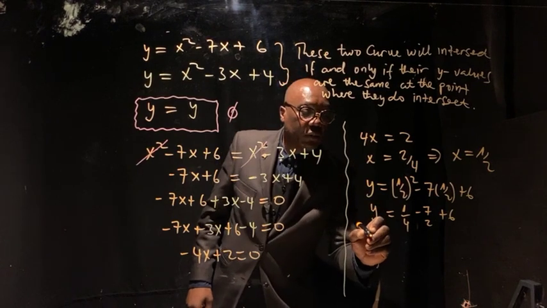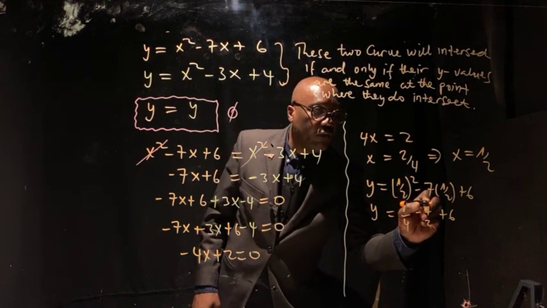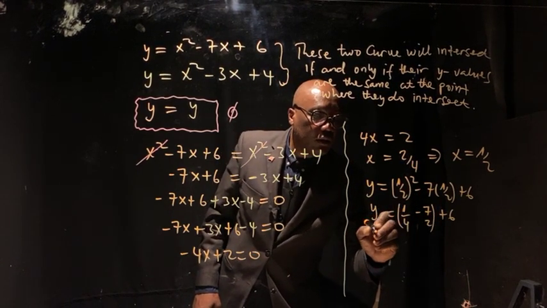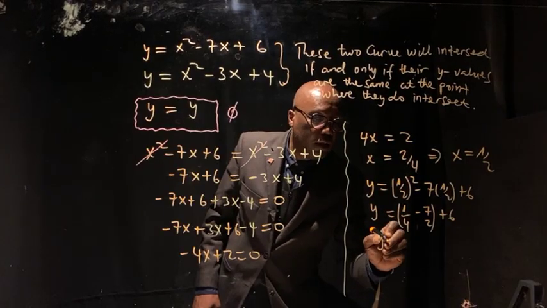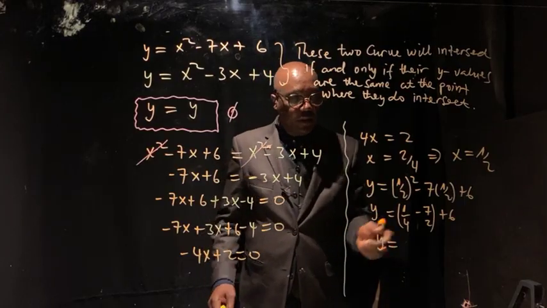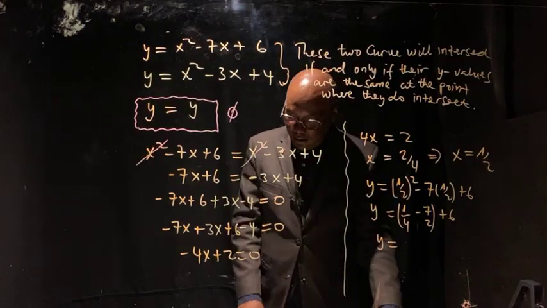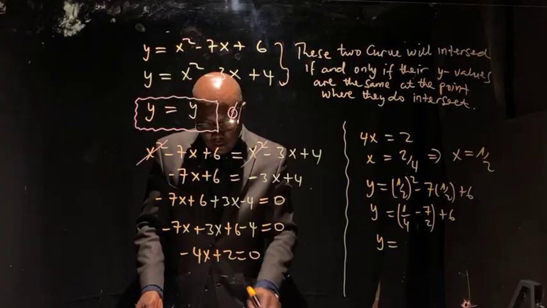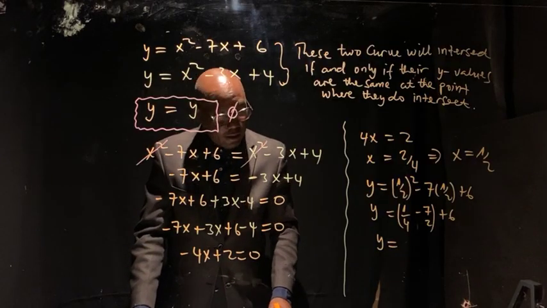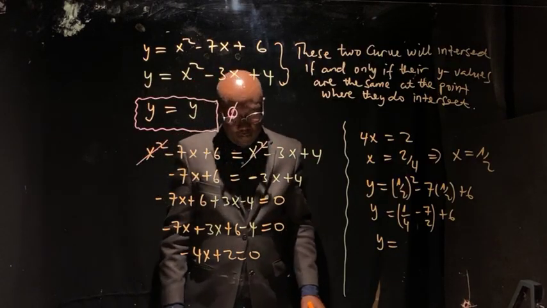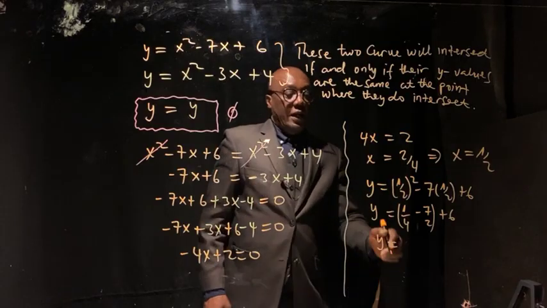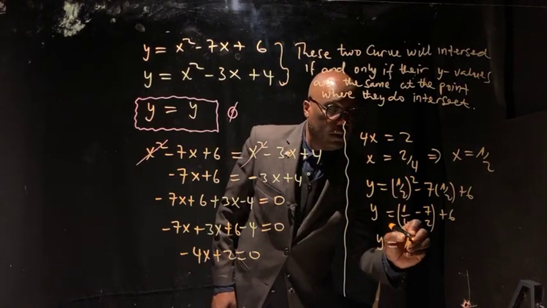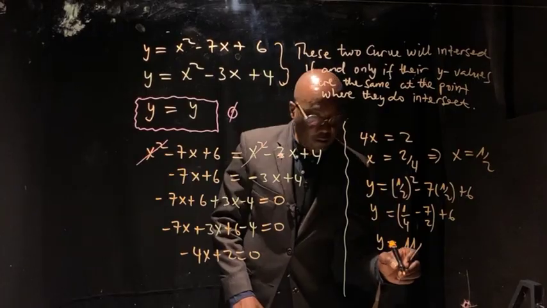If you cross multiply, or you solve this one first, we should have y equal to 11 over 4.